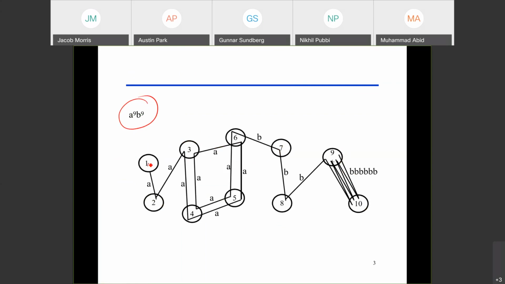So you see that 1, 2, 3, 4, 5, 6, 7, 8, 9, and then for B, 1, 2, 3, 4, 5, 6, 7, 8, 9. So here we did our 9, and we have this a^9 b^9. So somehow we managed to draw this machine which can work for a^9 b^9.